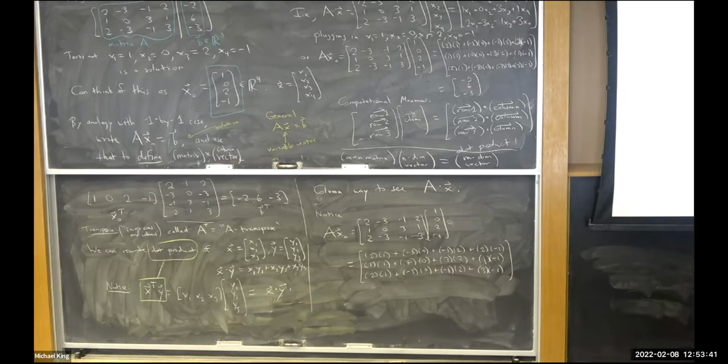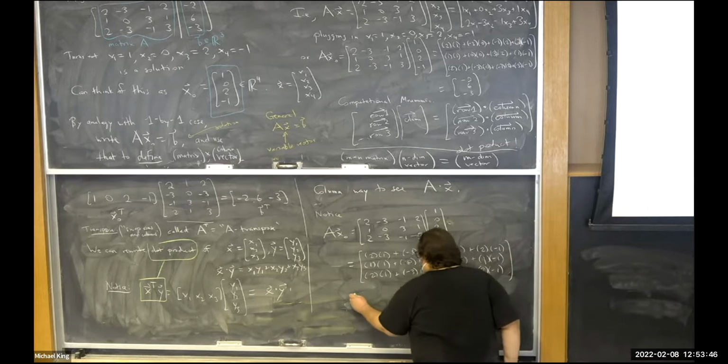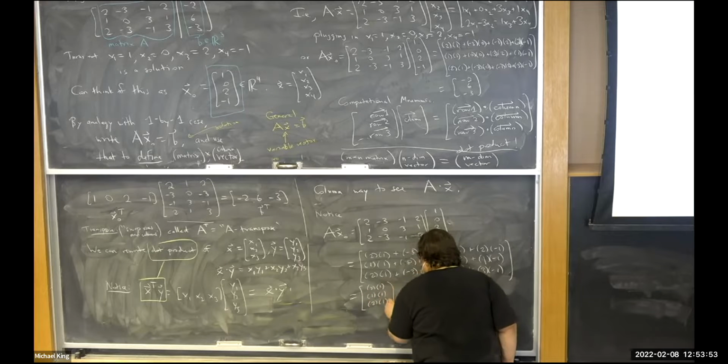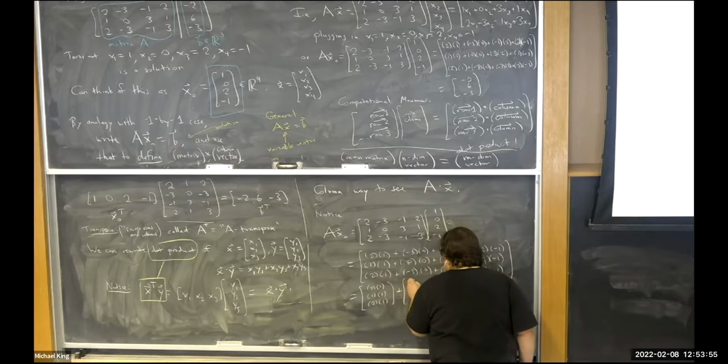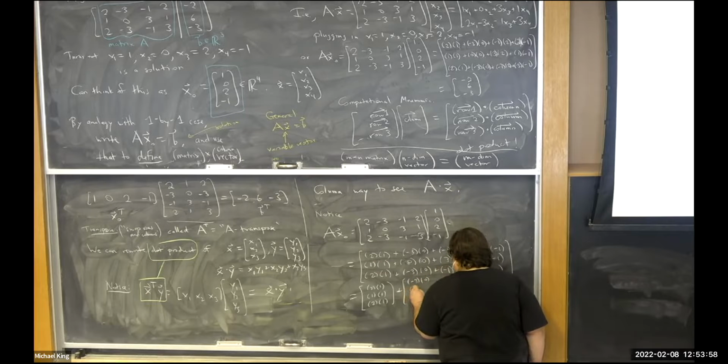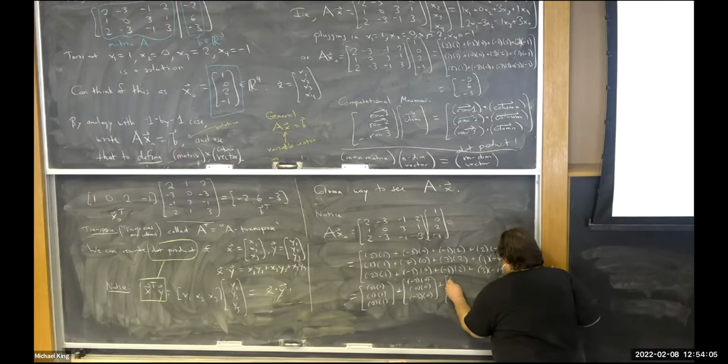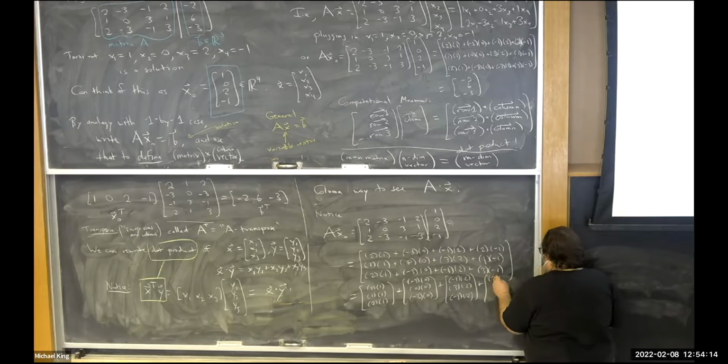Now, what I want to say is we can break this up into 4 vectors. So 2 times 1, 1 times 1, 2 times 1, plus negative 3 times 0, 0 times 0, negative 3 times 0, plus negative 1 times 2, 3 times 2, plus 2 times negative 1.